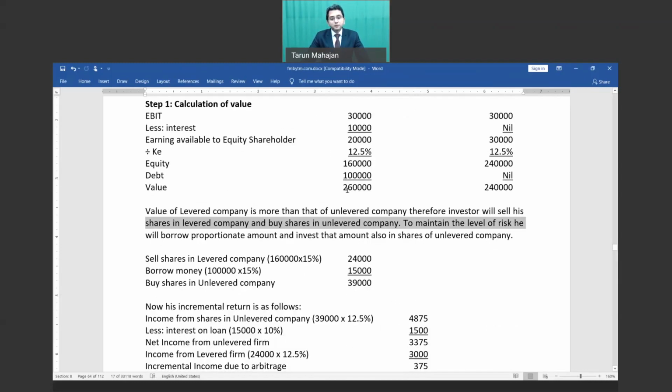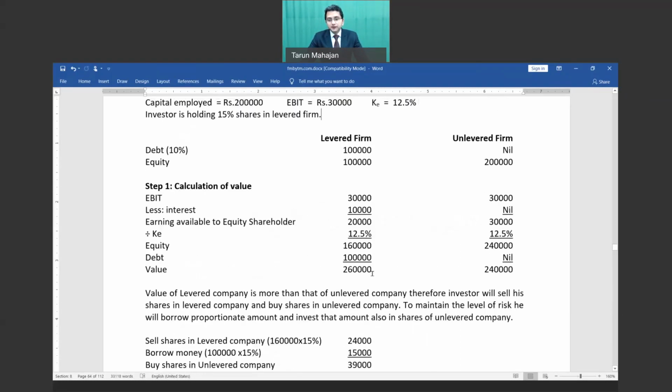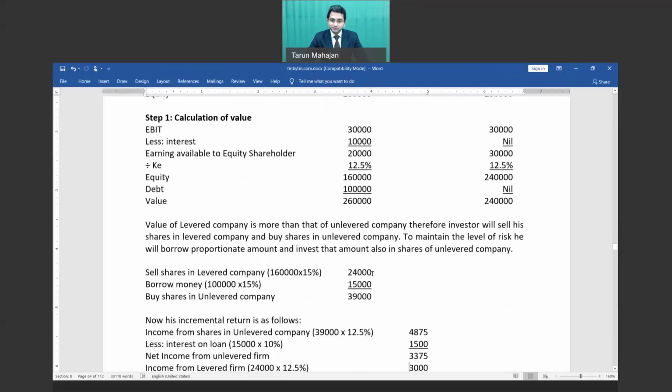This company is expensive, so he'll sell shares in this company and he'll buy shares in this company. His holding was 15% shares in levered firm. So out of this 1,60,000 rupees of equity, he is holding 15% value. He'll sell it out and he'll buy shares of unlevered firm.